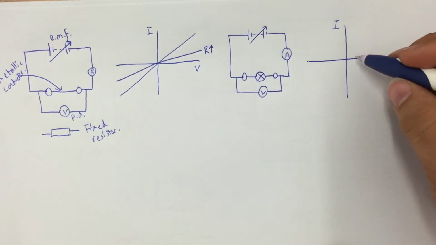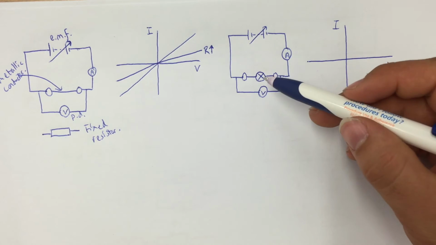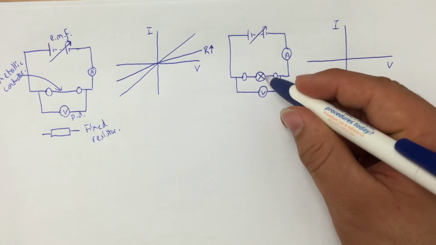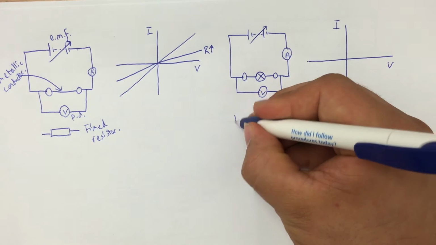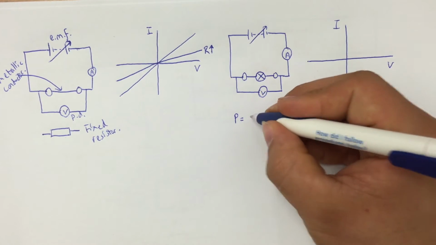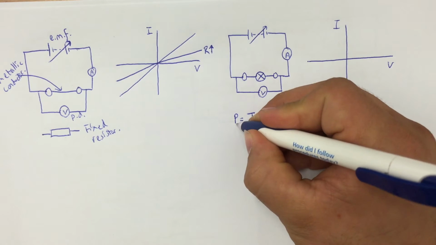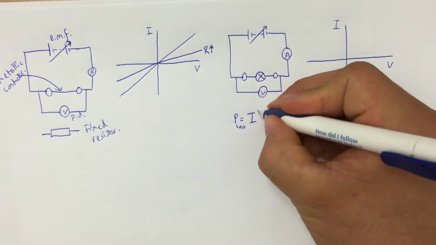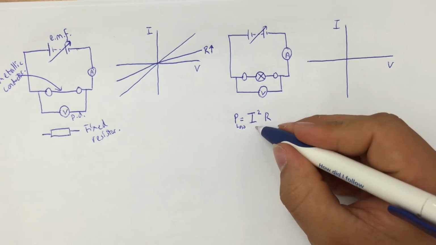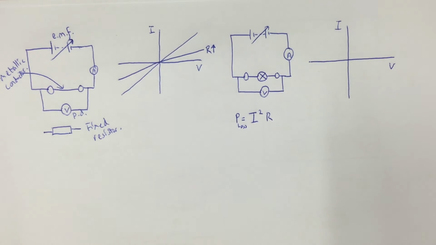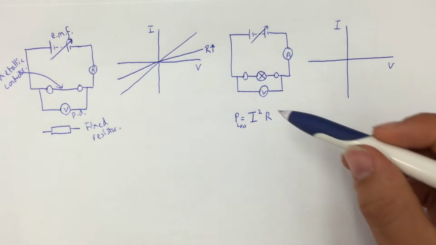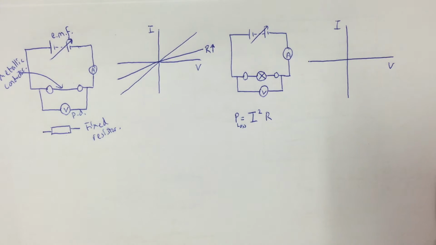So the next one that we want to think about is the bulb. Now, the key relationship to explore with this, which we will come back to in a later lesson, is when we think about electrical power, specifically power loss, it depends upon only two things: the current, specifically the current squared, and the resistance.